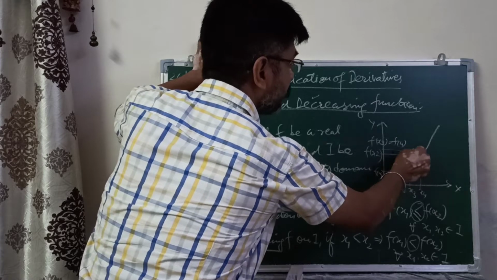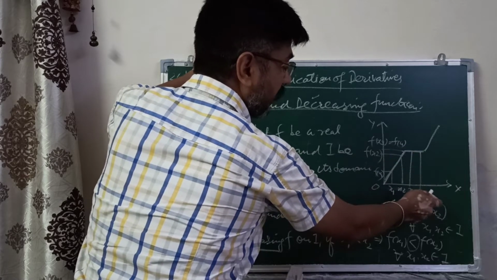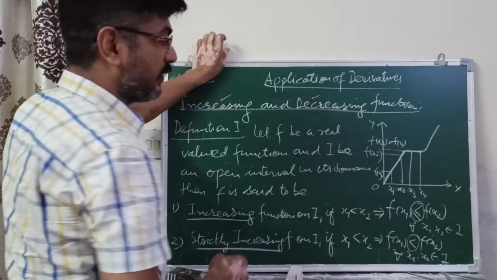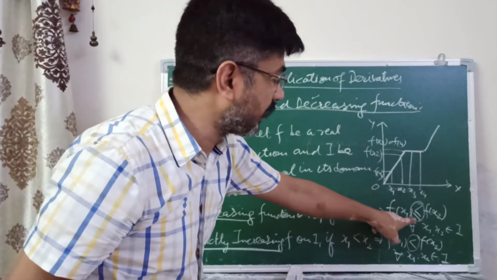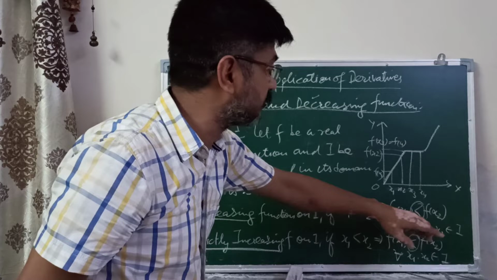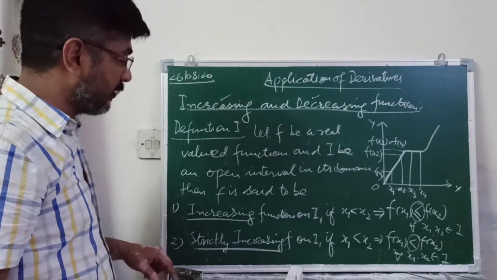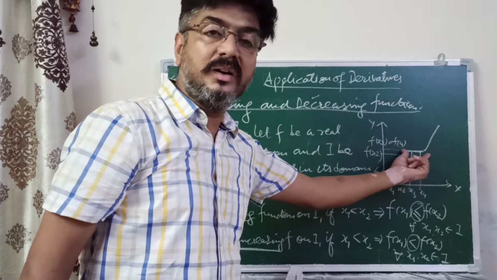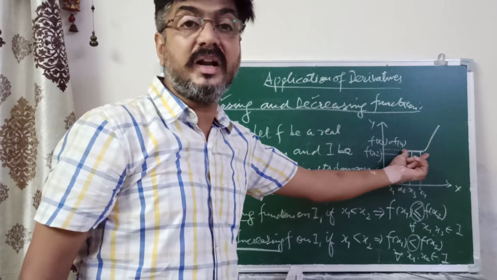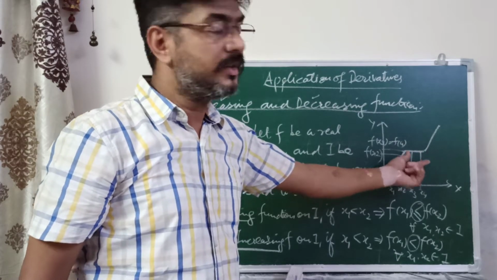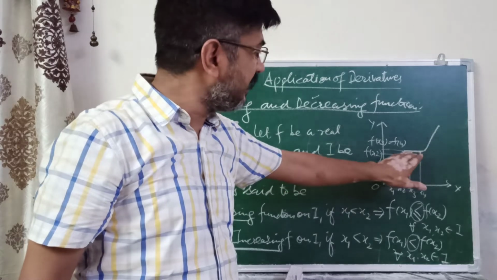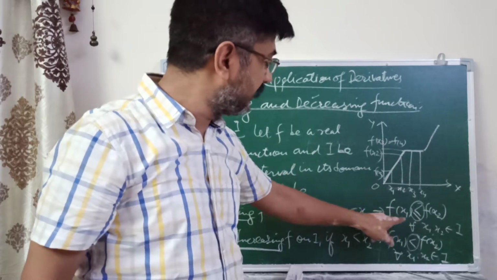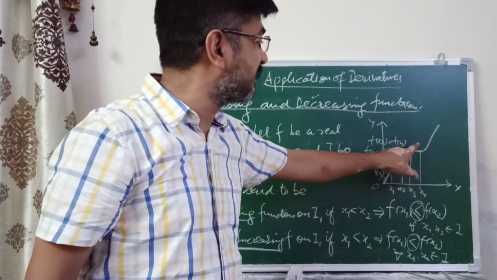In this part of the function, x3 and x4 are different. x3 is less than x4, but fx3 and fx4 are equal. So this condition is fulfilled for fx1 equal to fx2 type here. Such a function is called only increasing function because there is a gap in between the function where fx1 and fx2 become equal. So it is not strictly increasing. In between they become equal, and this shows that it is not strictly increasing.